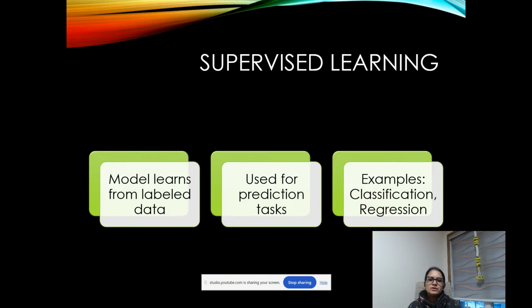Okay, so here is the first definition, the first machine learning type, that is supervised machine learning. What is supervised? If you look at this term, it is self-explanatory. Supervised means under supervision. First, I will give you a layman example. Suppose I'm your instructor and you are my student.